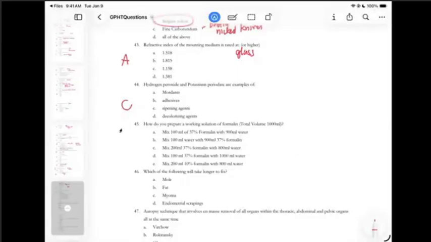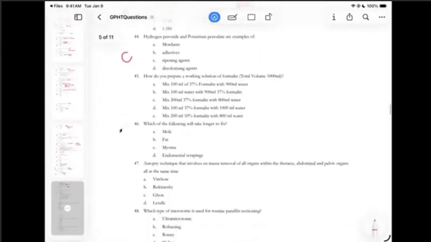45, how do we prepare our working solution of formalin? The working solution is the routine solution. In the laboratory, our stock or concentrated solution is 40% formalin, and we cannot use that since it is too strong.